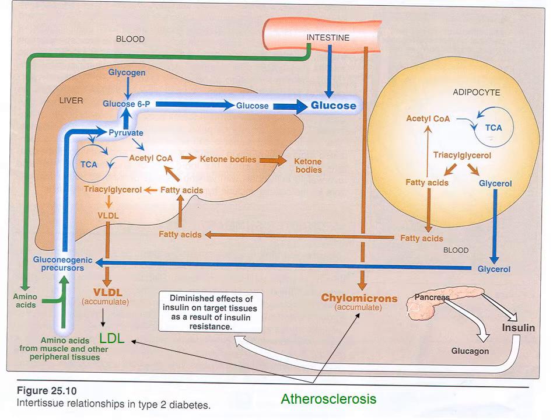And it's either making it through gluconeogenesis directly or through glycogenolysis because of diminished effects of insulin. And this causes complications. We see chylomicrons accumulating, we see LDL accumulating, we see increased risk for atherosclerosis in the diabetic. We mentioned in last lecture about vascular complications of poorly controlled diabetes.